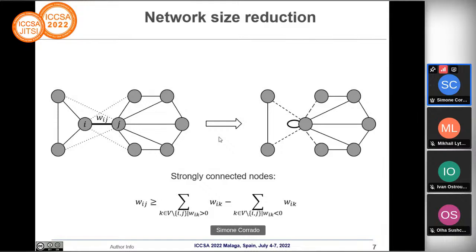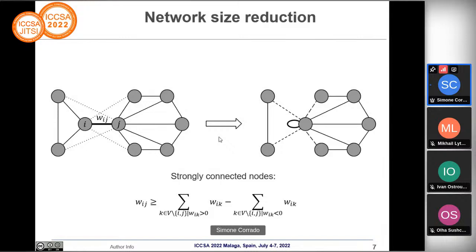So if that inequality is satisfied, it basically says that the weight of the edge connecting i and j is stronger than the sum of all positive weights of other edges, and the sum of absolute values of negative edges. If our edge is stronger than that, then in the final partition those two nodes will definitely be in the same community, and then we can merge those two nodes, summing weights of edges.